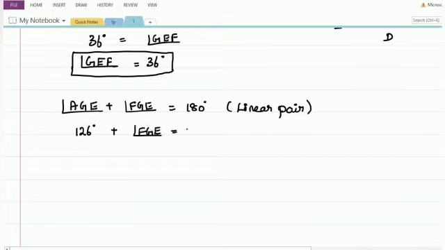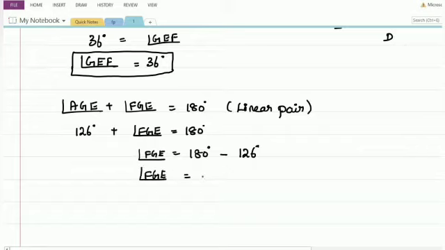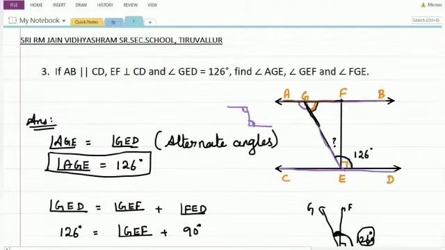We have to find out. Here it is 180 degree. So angle FGE equal to 180 degree minus 126 degree. So when I subtract, angle FGE equal to 54 degree. The children, they have asked us to find three angles. So we found all the three angles.